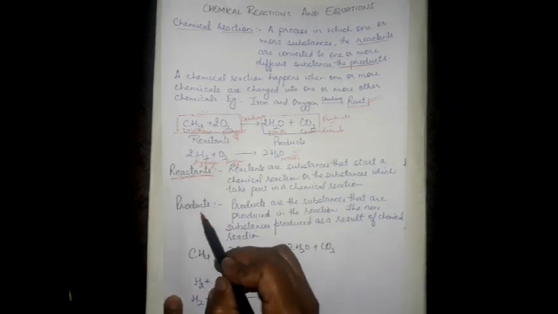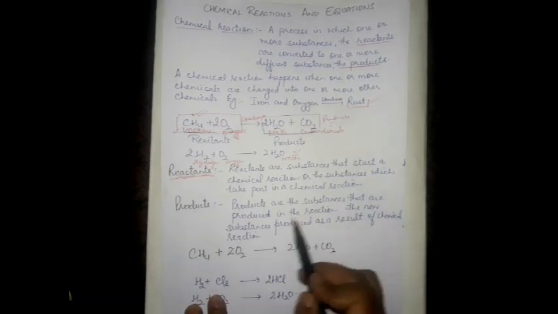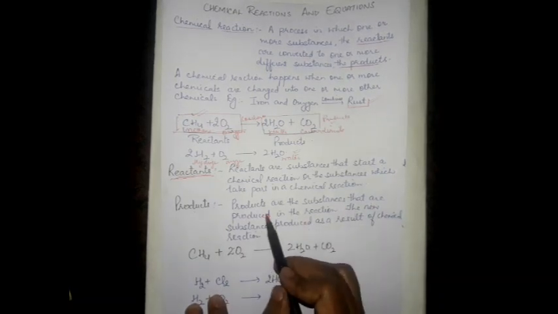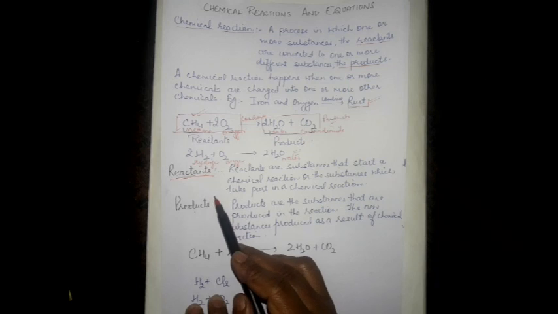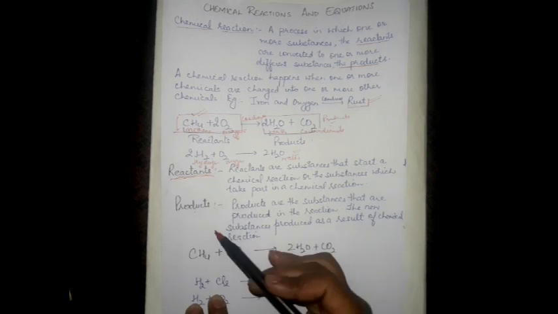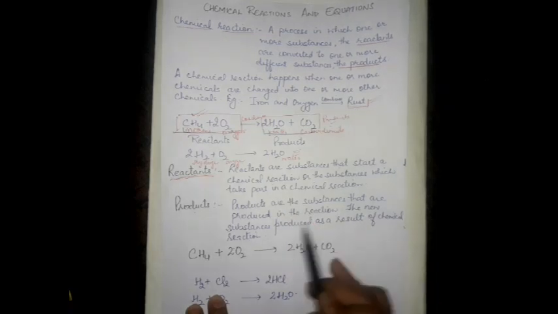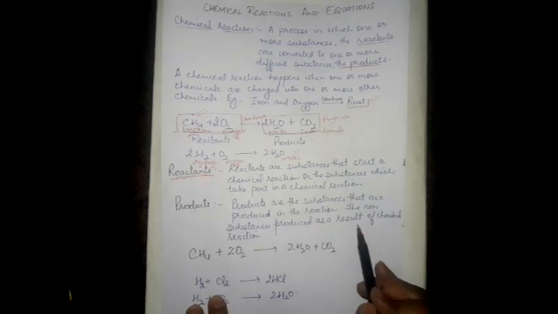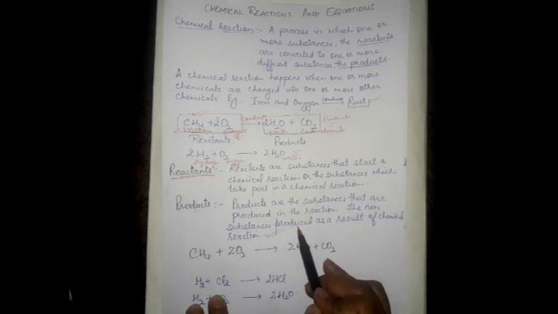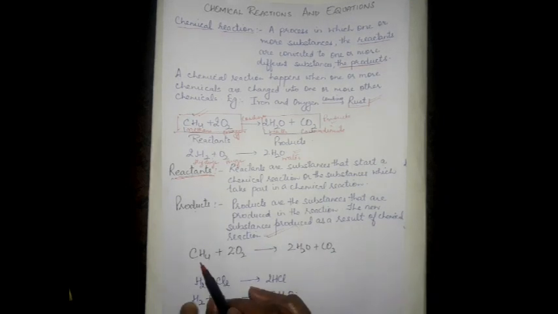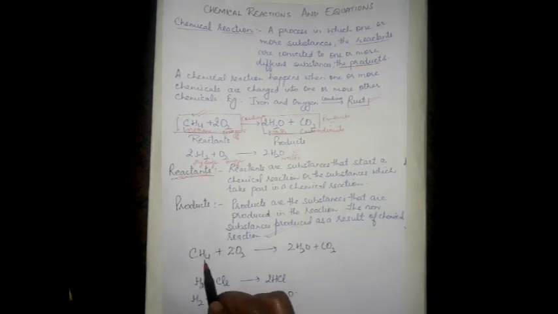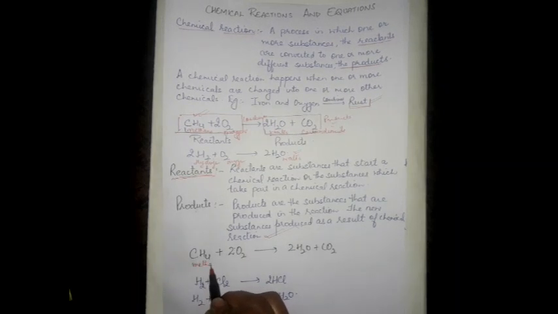Now the products are the substances that are produced in the reaction. Whenever the reaction starts, it will give you some new product, new thing, that is known as product. The new substance produced as a result of a chemical reaction is called product. For example, I will take CH4, that is, again I will take methane.